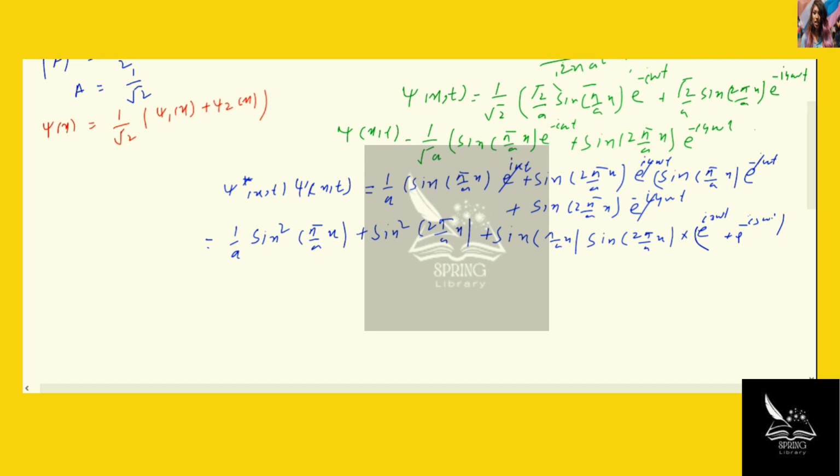So this is equal to 2 cos 3 omega t. Therefore we can write it as 1 out of a, sine squared of pi by a x plus sine squared of 2 pi by a x plus 2 sine of pi by a x into sine of 2 pi by a x cos of 3 omega t.